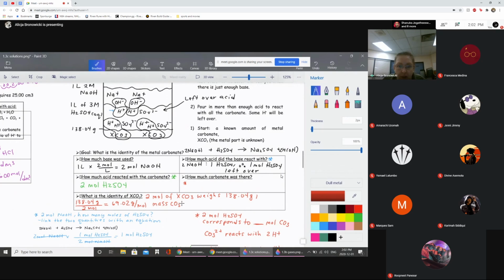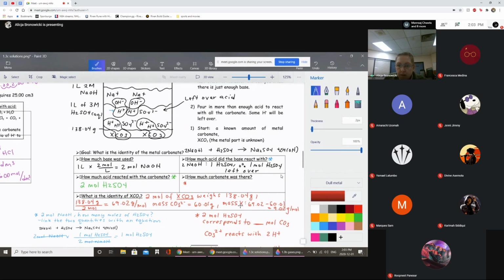The mass of CO3 2 minus equals 60.01 grams. So to figure out the mass of X, 69.02 minus 60.01 equals 9.02 grams per mole.